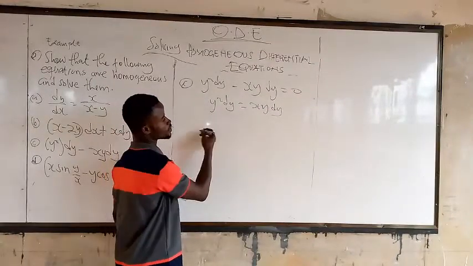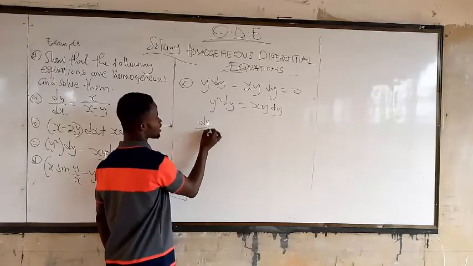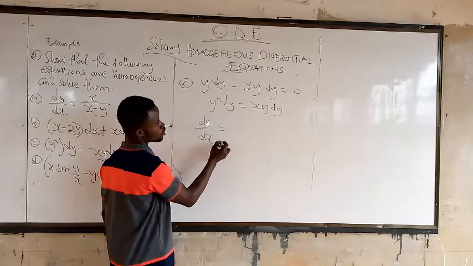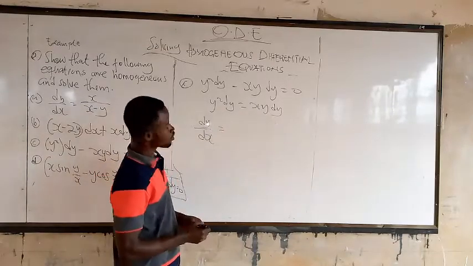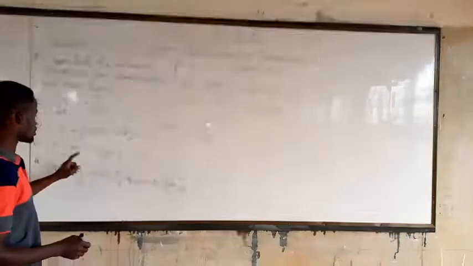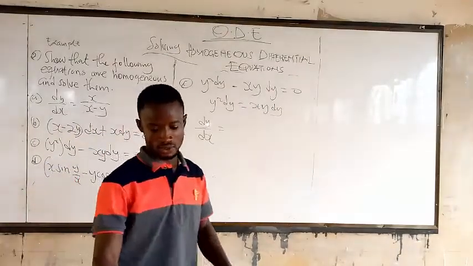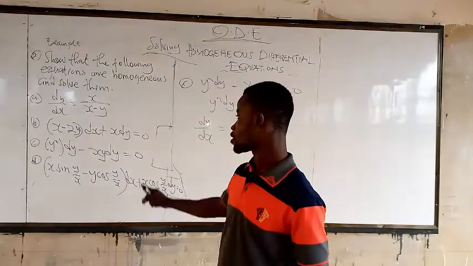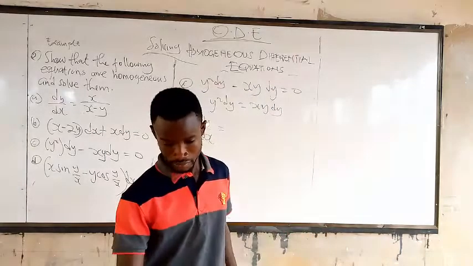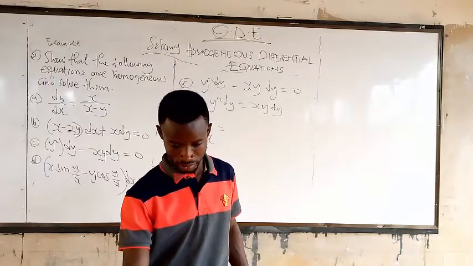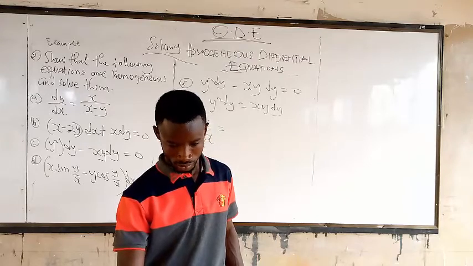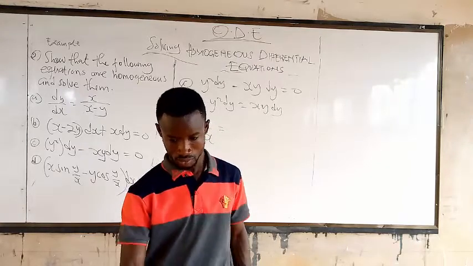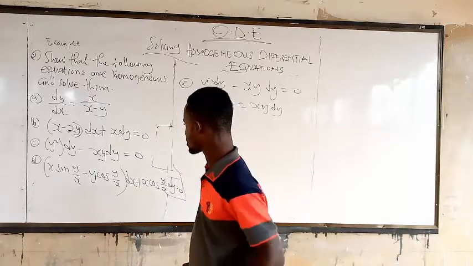When you divide both sides, you are going to get dy/dx to be equal to... Sorry, there's a mistake somewhere. What's supposed to be dx? Okay, here is the dx.